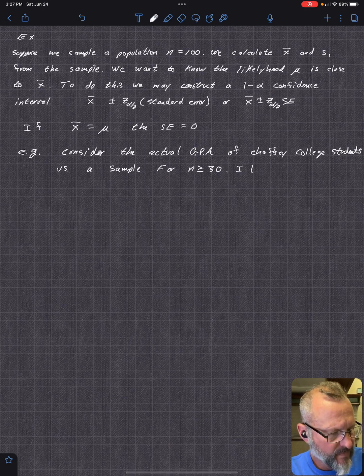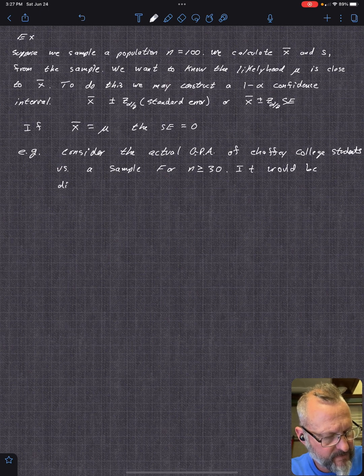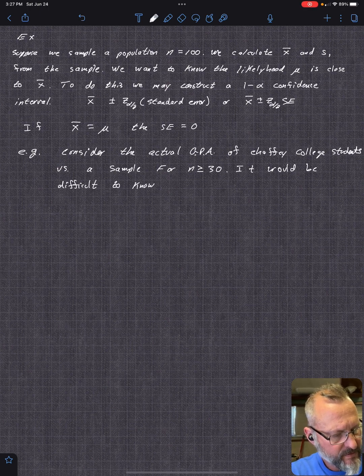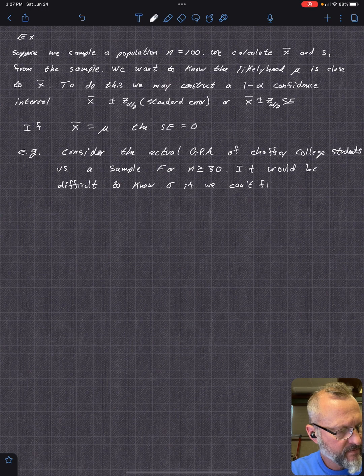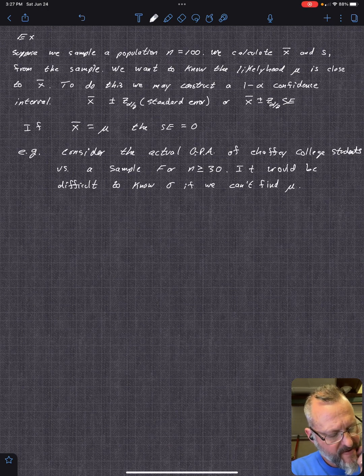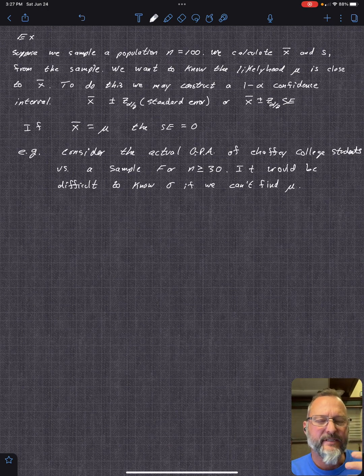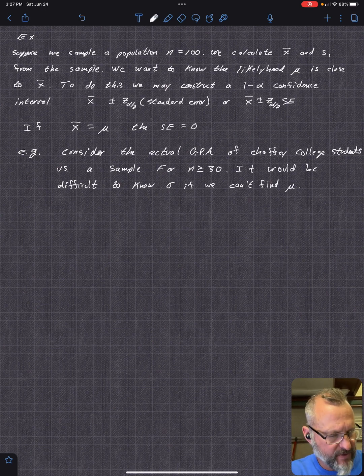It would be difficult to know the actual standard deviation if we can't find the actual mean. If we can find the actual mean, then we should be able to find the standard deviation. But if you can't find the actual mean, then how do you calculate the standard deviation? So that's where we pretty much always use S. We will use S for calculations.